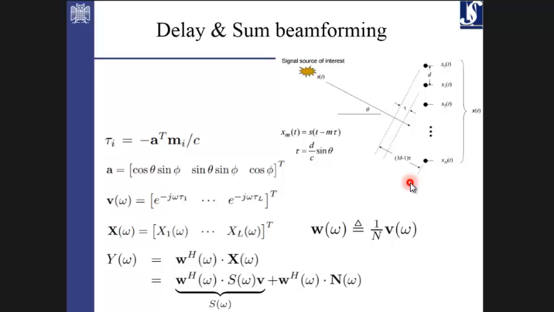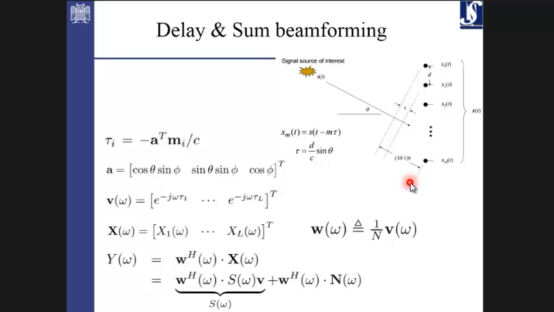The source is propagated by this filter and then noise is added in the microphones. So, dropping the dependency on the frequency, X is equal to Vs plus noise.